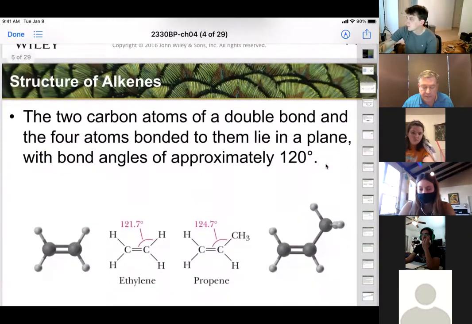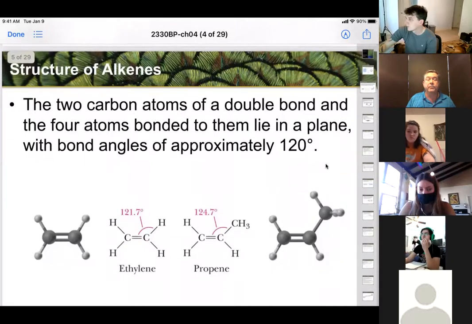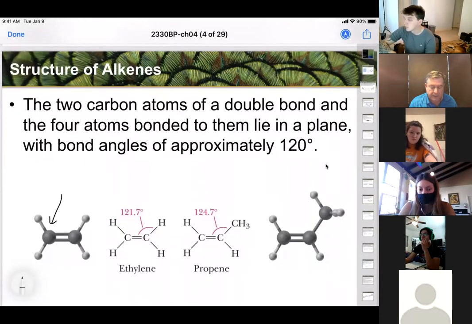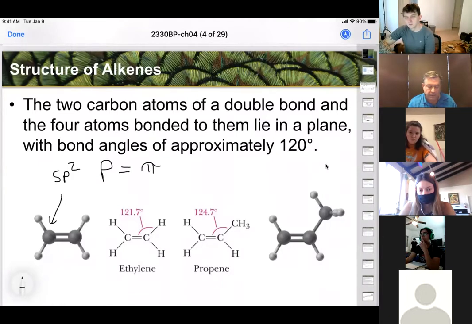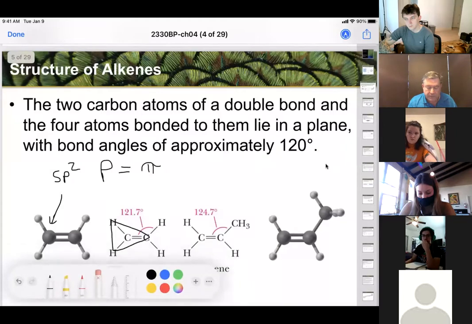Okay, so let's talk about alkenes in particular. The first and most important thing about alkenes is this bond is sp2 hybridized, and the unhybridized p is the one that makes the pi bond. If this carbon is sp2 hybridized, that makes it trigonal planar, which means that these atoms are all flat and they're all about 120 degrees apart. Notice that varies a little bit when you have different sized groups.